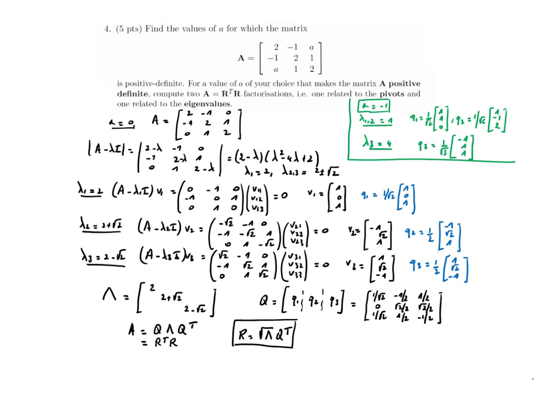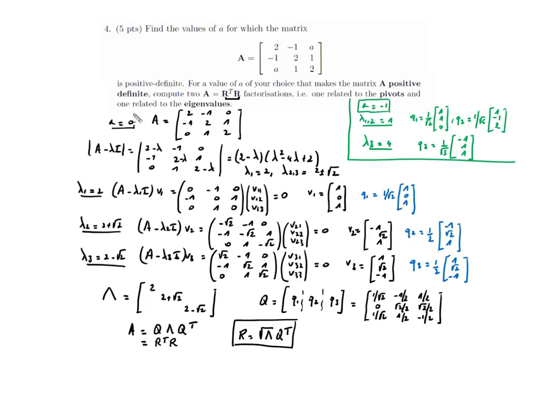We'll now look for the second factorization, R transpose R, the one associated to the eigenvalues. We'll do this for A equal to 0 and A equal to -1. Of course, at the time of the exam, and this is also true for the other factorization, the one associated with pivots, you only have to consider one case, because it says for a value of A of your choice.